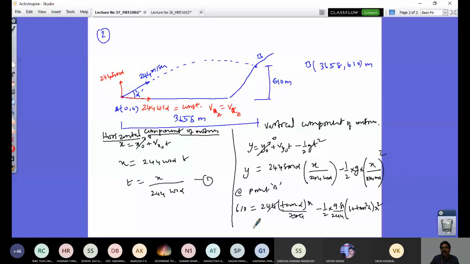So it's going to be 3658, that's x, tan alpha minus 9.81 by 488 into 3658 square into 1 plus tan squared alpha. So now this is all equal to 610. So I see here tan alpha, and here tan squared alpha. So it is quadratic in tan alpha. If I work further, this equation is going to be deduced as this.